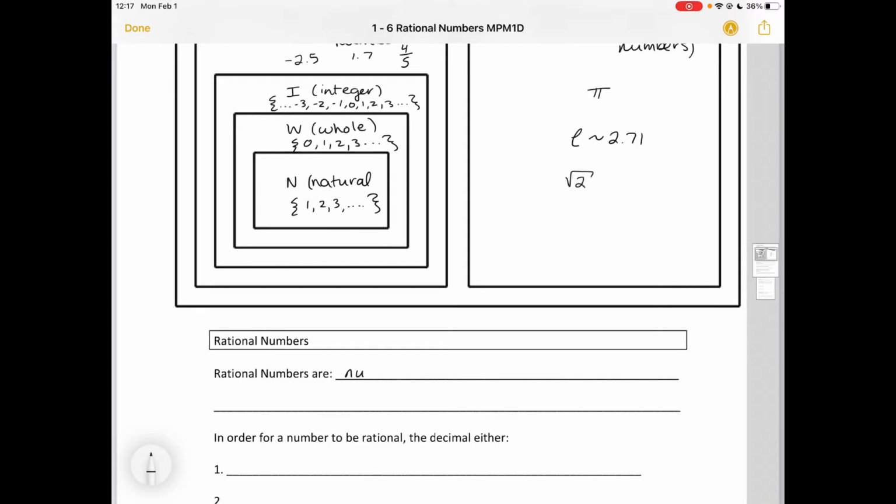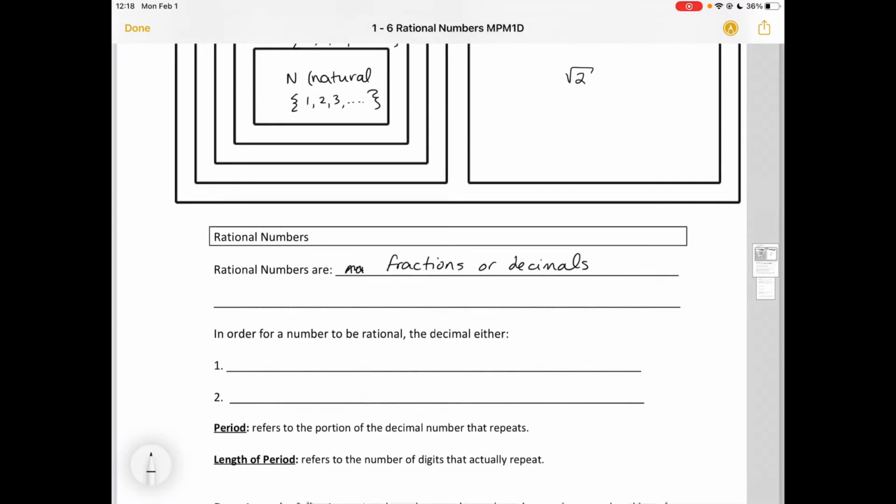So rational numbers are fractions or decimals. And in order for a fraction or a decimal to be considered rational, the decimal either terminates or ends, something like 2.5 or minus 1.72, or it can repeat indefinitely with a pattern.